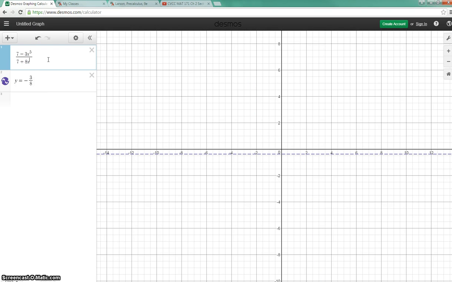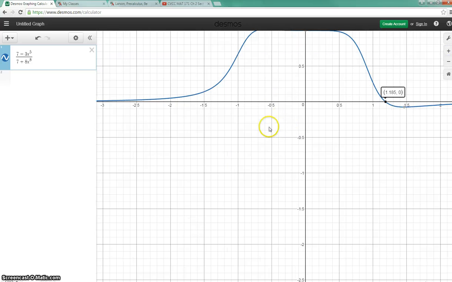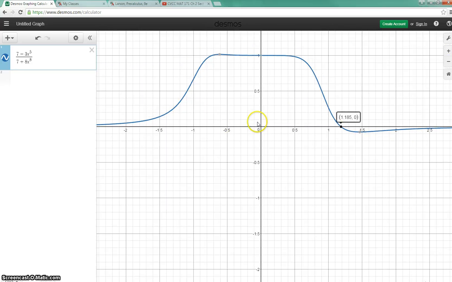But if I made the bottom larger, then we would see that this thing gets closer and closer to 0. Here would be a case where we actually cross. So it crosses, but then it starts hugging that 0. Let's zoom in a little bit so we can see the hugging around y equals 0.